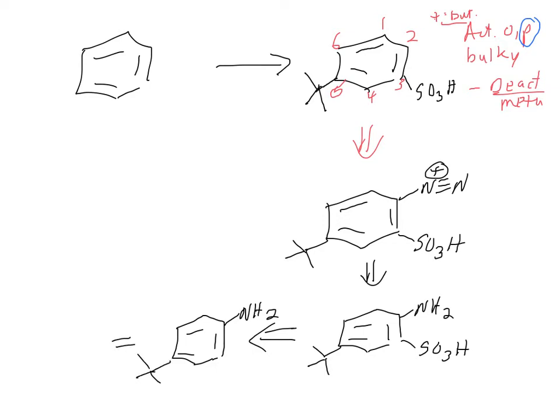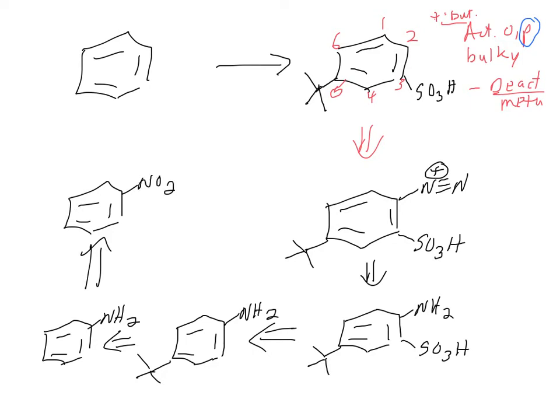And then the next group we're taking off is the T-butyl. And then the NH2 came from what? Nitrobenzene. And then this came from this. Retrosynthesis. Good.